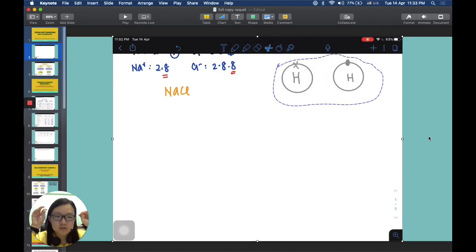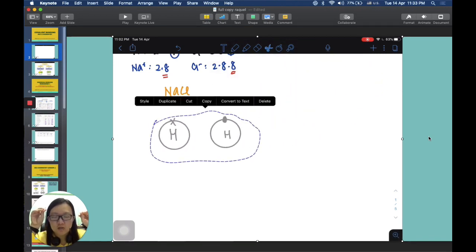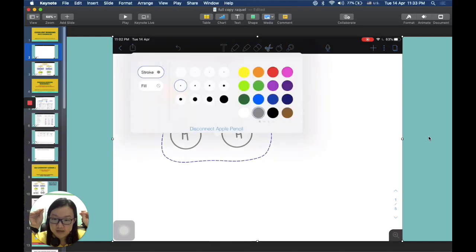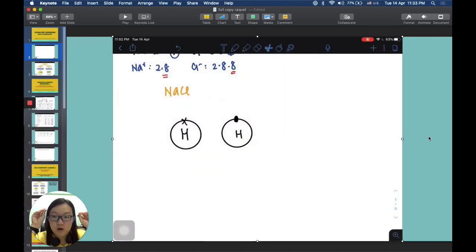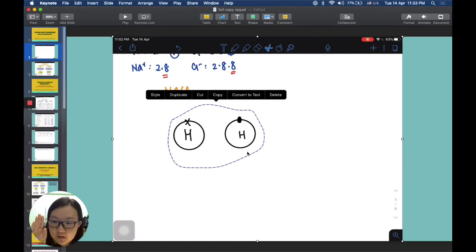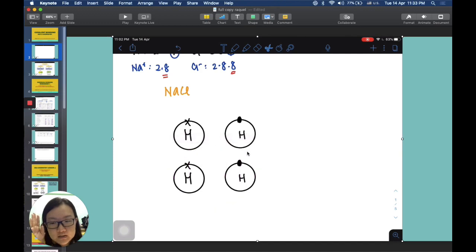Let's rationalize how chemical bonding is going to be for hydrogen and another hydrogen. This part that I'm circling here is the starting point. We are trying to move from our understanding of atoms into molecules now.